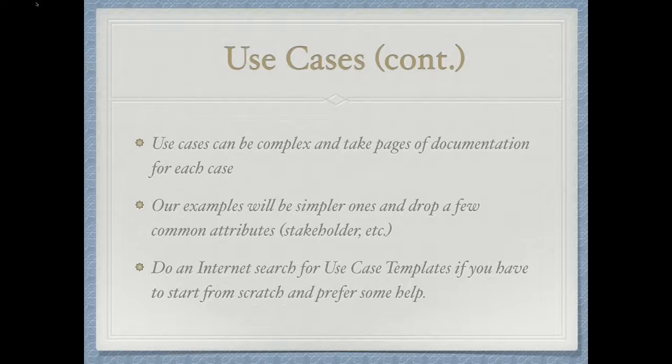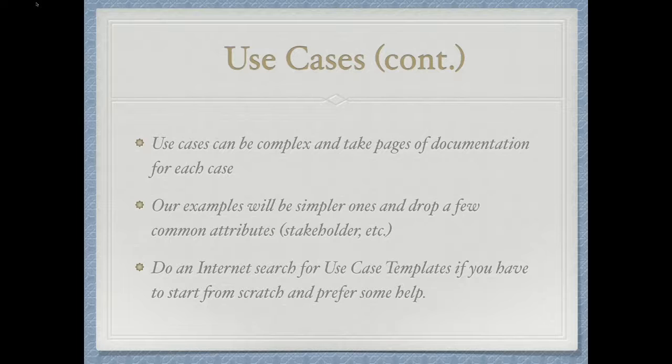When we start looking at them professionally, use cases can be very complex. They can take up pages of documentation. If you go out there and search for use case templates, there's a bunch out there, but some of them are huge documents in themselves for any given use case. It'll be 10, 20 pages. The examples we're going to use are going to be simpler.